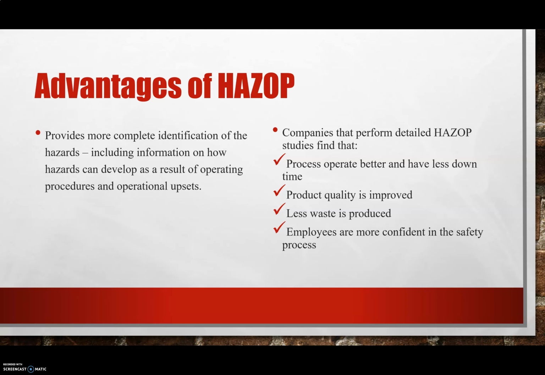As previously we saw, the effect or the consequences of the fault is towards the desired product, or the desired quality of product for the process. So you can increase your product quality, you will reduce your waste that has been produced, and also your employees are more confident in your process safety.